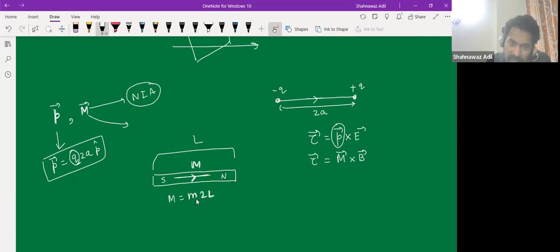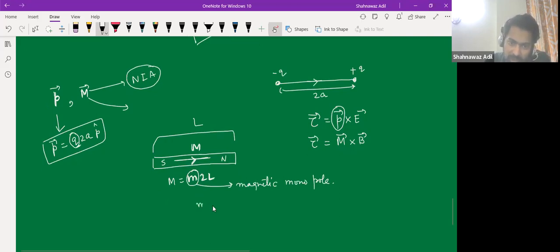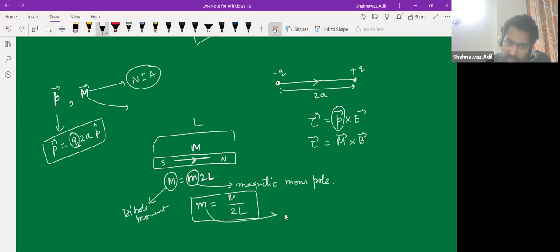This is how this M is related, where m is the magnetic monopole. If you want to calculate the magnetic pole, you just divide this by 2L. So remember, this M is quite different from this m: this is the dipole moment, and this is the magnetic monopole.